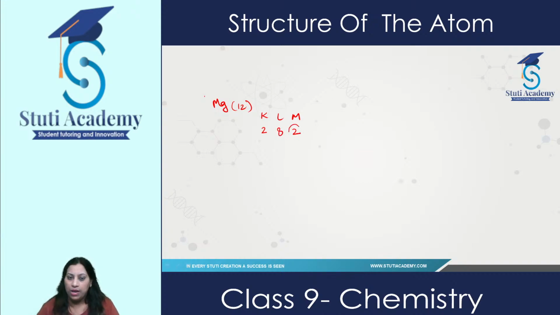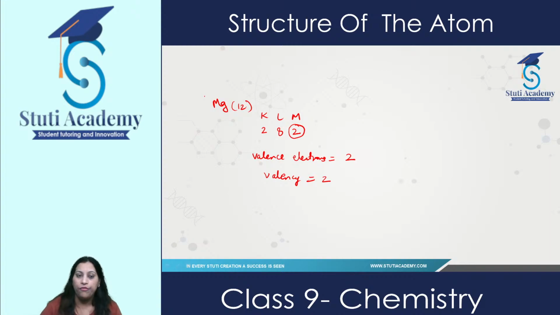Now if I ask how many valence electrons it has and what is the valency, what will be your answer? It has 2 valence electrons and its valency is also 2. Fine.